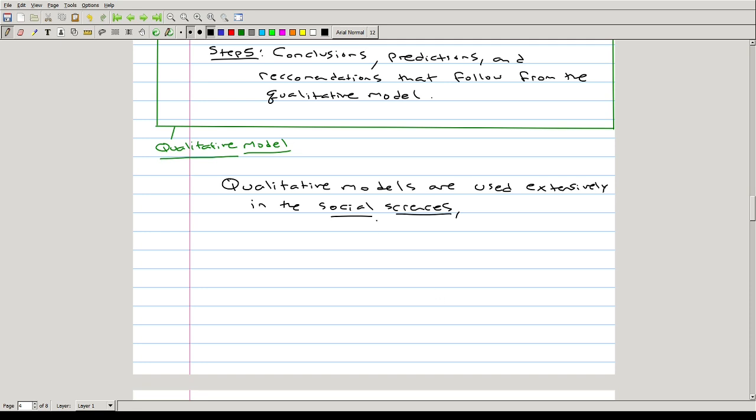But it's important to point out that they are rarely accepted as fact in the natural sciences.